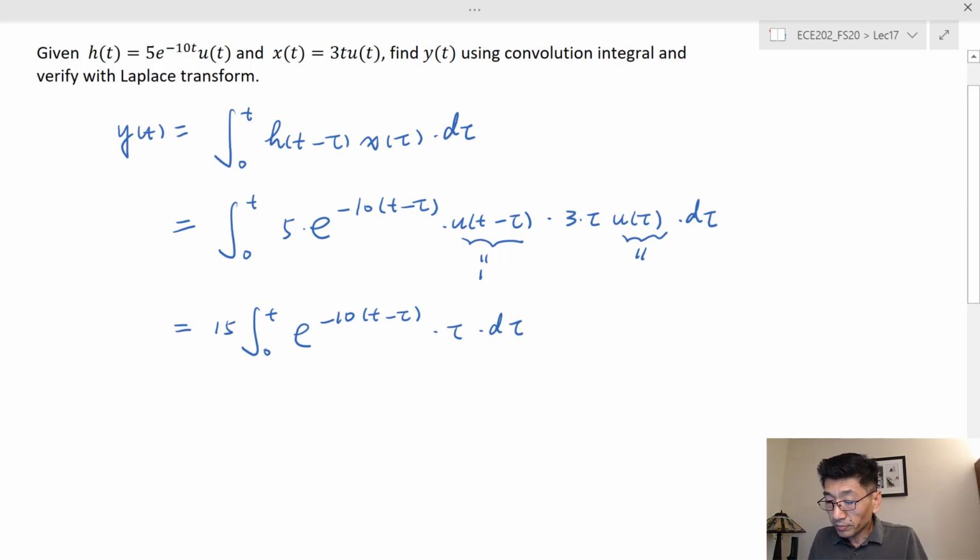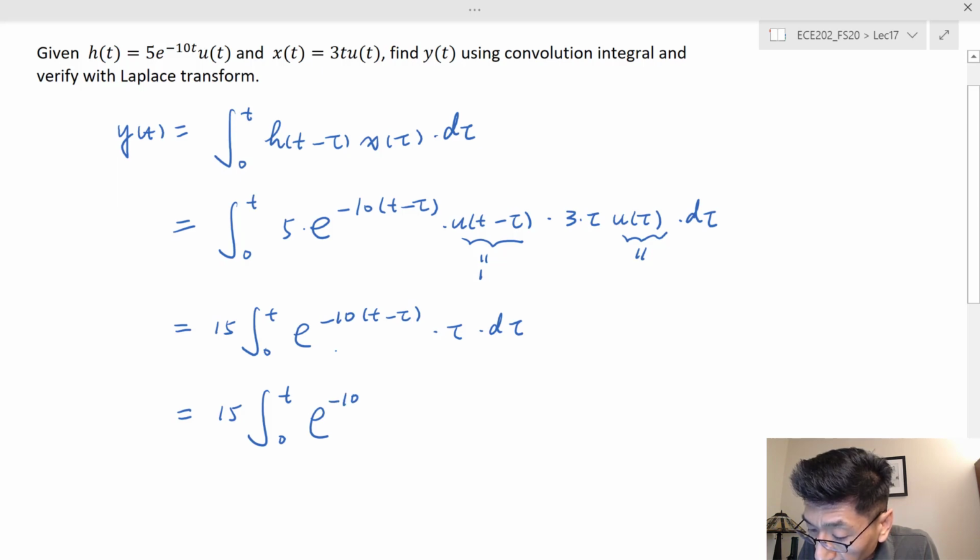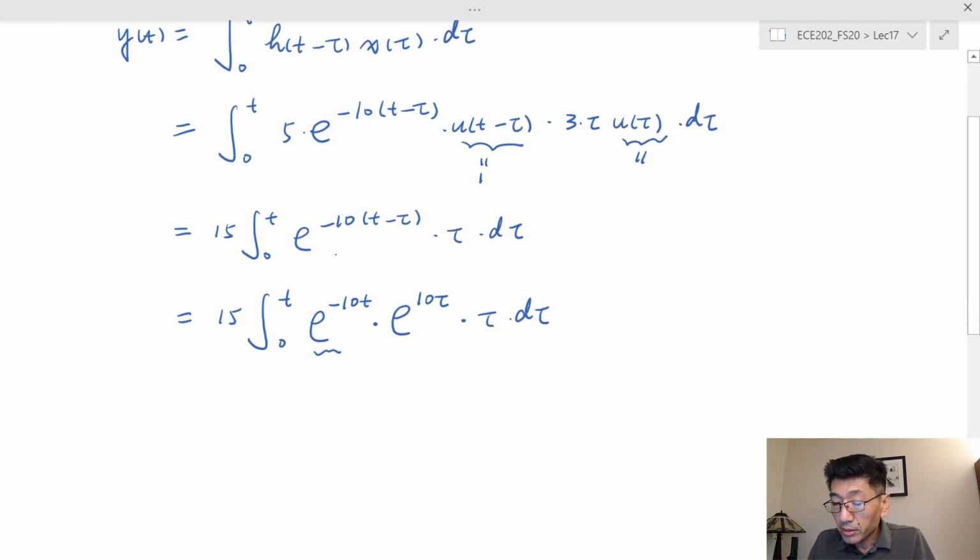In this case, we can rewrite the first term, 0 to t. The exponential function we can multiply out, e to the minus 10t times e to the plus 10 tau, right? Times tau d tau, and recognize that t is different from tau, right?